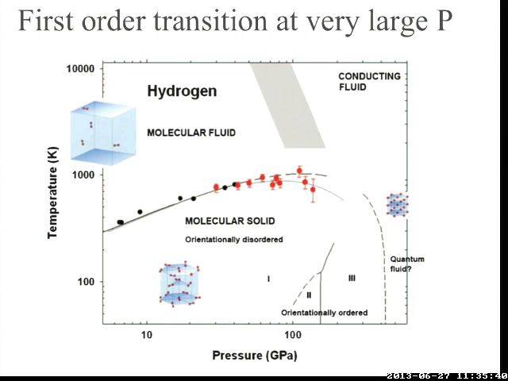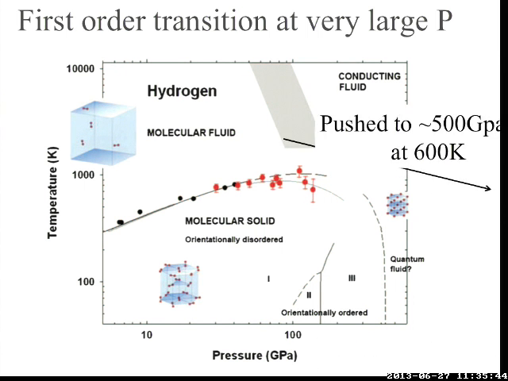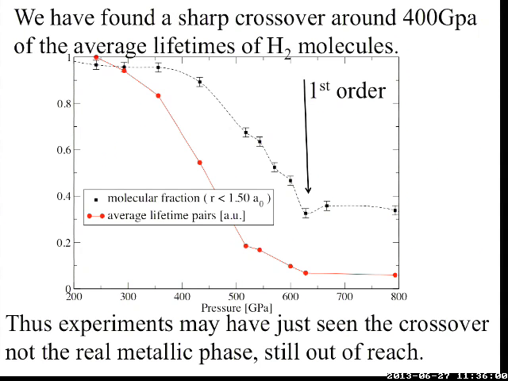Instead, we see that this transition at 600 Kelvin is at 500 gigapascal, so it's pushed to very large pressure. Why this contradiction? In our opinion, because experiments have to wait until they are able to reach much larger pressure.